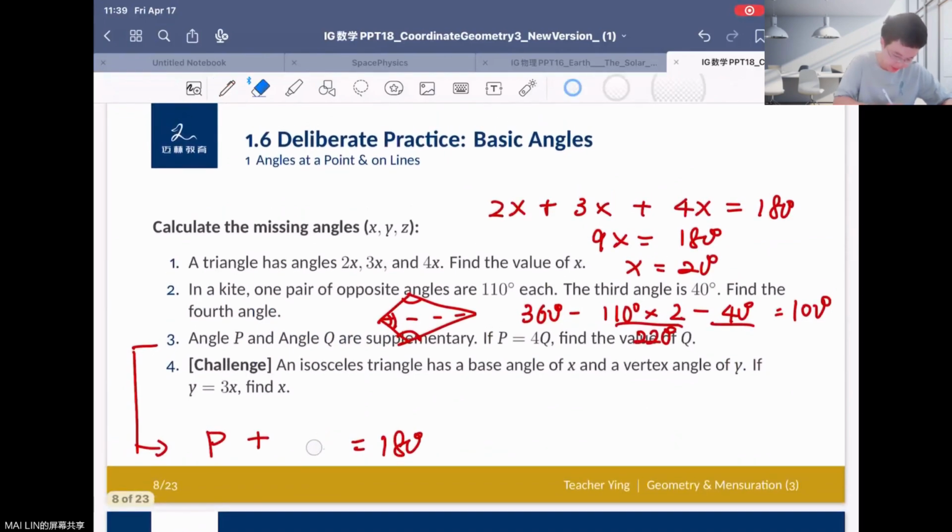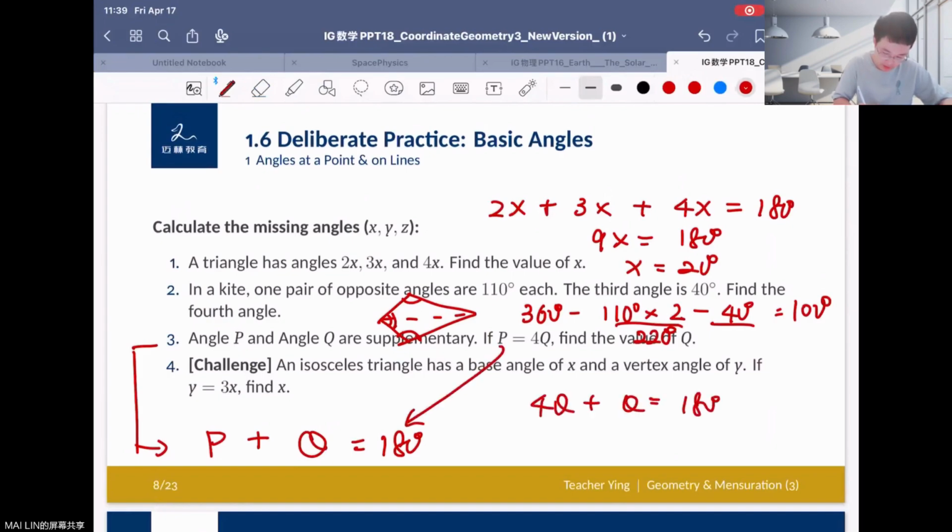Sorry, P plus Q, okay. And you can use P equals 4Q and put it inside this equation. That is 4Q plus Q equals 180 degrees, right? So finally it becomes 5Q equals 180 degrees. You can divide by 5 on both sides. So here Q equals 36 degrees, okay? That is for the third problem.